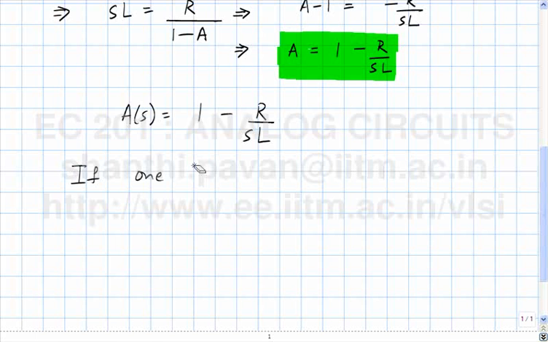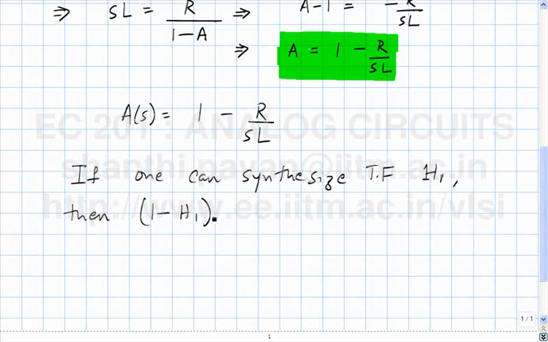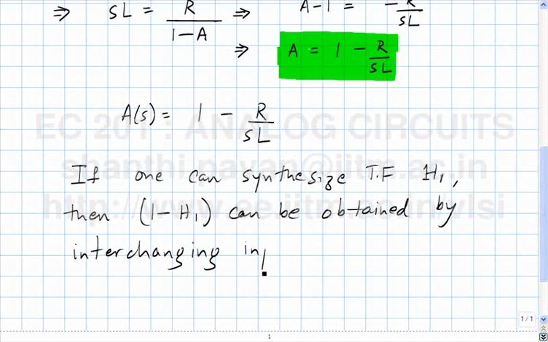We know that if one can synthesize a transfer function H1, then 1 minus H1 can be easily got by interchanging input and ground.